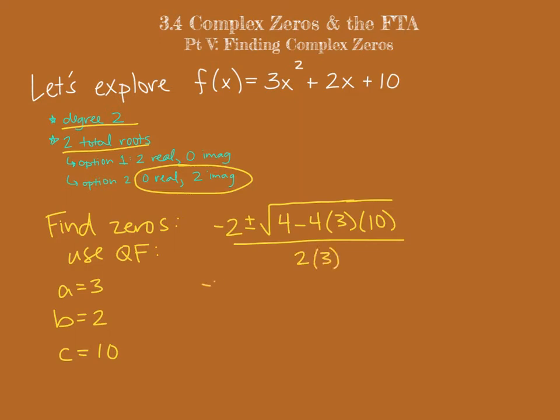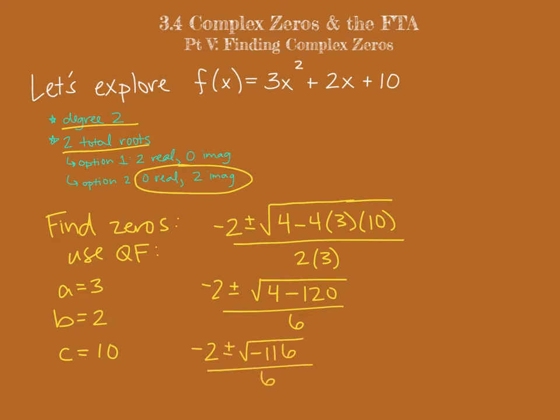All right, from here we'll have negative 2 plus or minus the square root of 4 minus, whenever there's a 10, do that last. That's the easiest multiplication. 4 times 3 is 12. Put a 0 on it, 120. So we have 4 minus 120 all over 6. Now 4 minus 120 is going to give us negative 116, and that is all over 6.